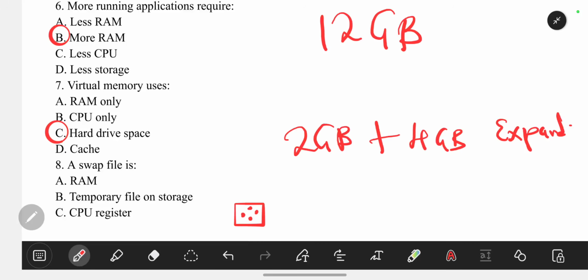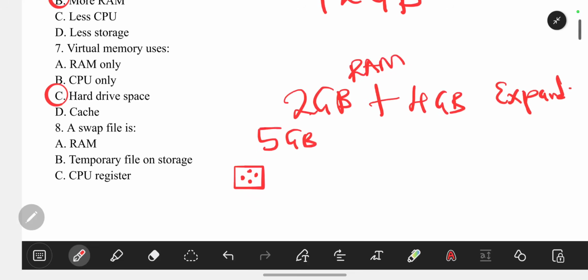Now there comes a time when, let's say your computer has 2 GB of physical RAM plus 4 GB of expandable RAM. What this means is that, let's say you install a game that requires 5 GB to work. You have the hard drive, which is bigger in size.